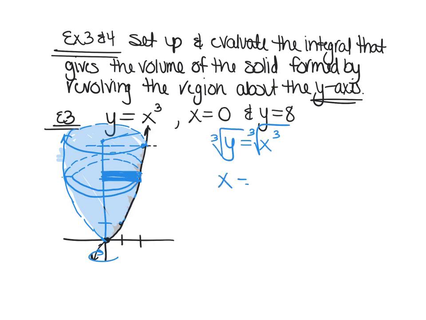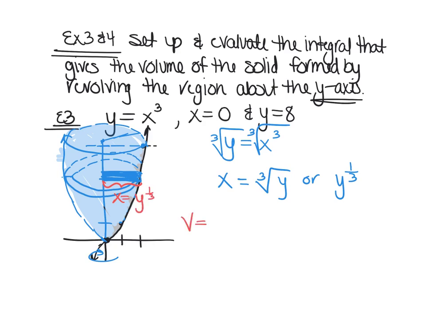And written in terms of y, x equals the cube root of y, or y to the 1/3. For power rule purposes, it's probably better to write it as y to the 1/3. So the radius for each cylinder, r of y, is x equals y to the 1/3.